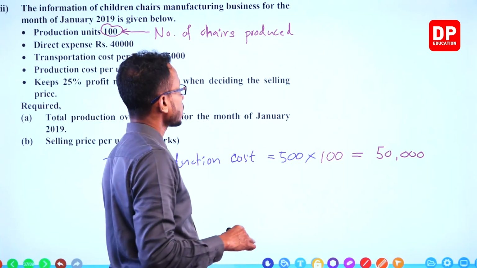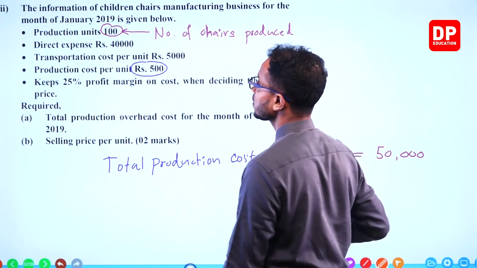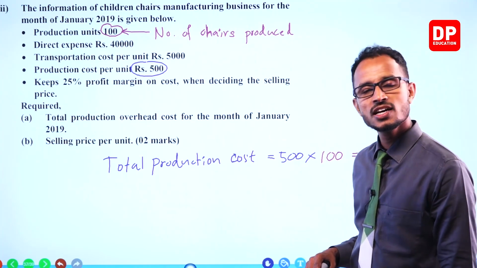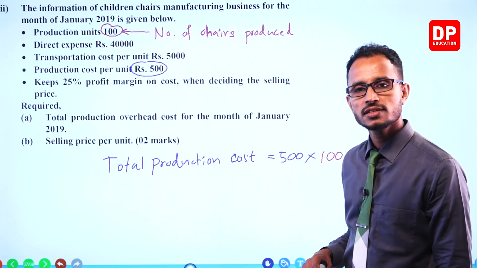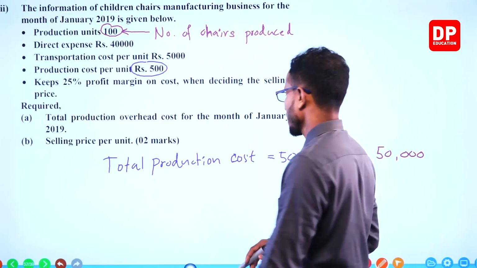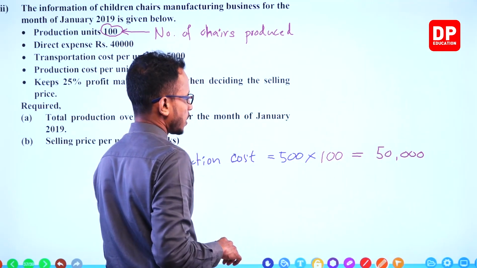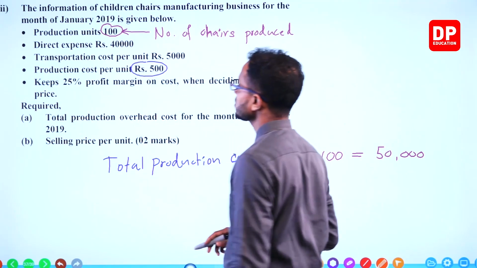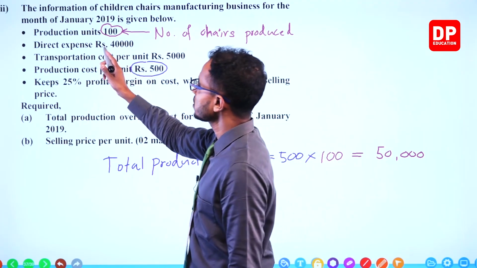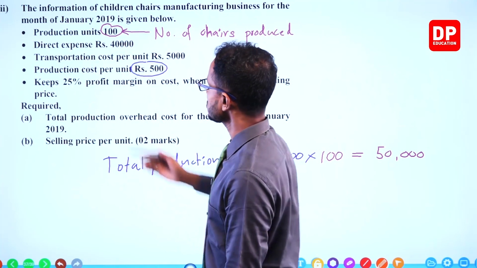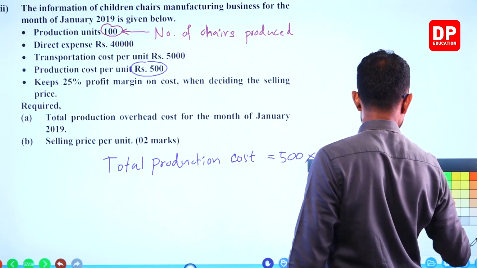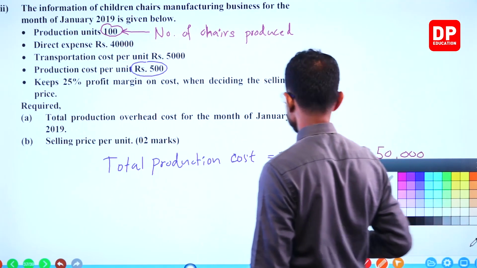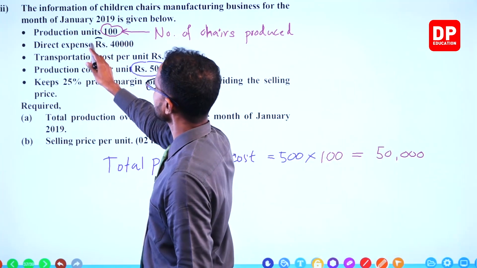Then let's take out the direct costs from that. Easy. How much is the direct cost? Total direct cost is given as 40,000, right? This is the direct cost.